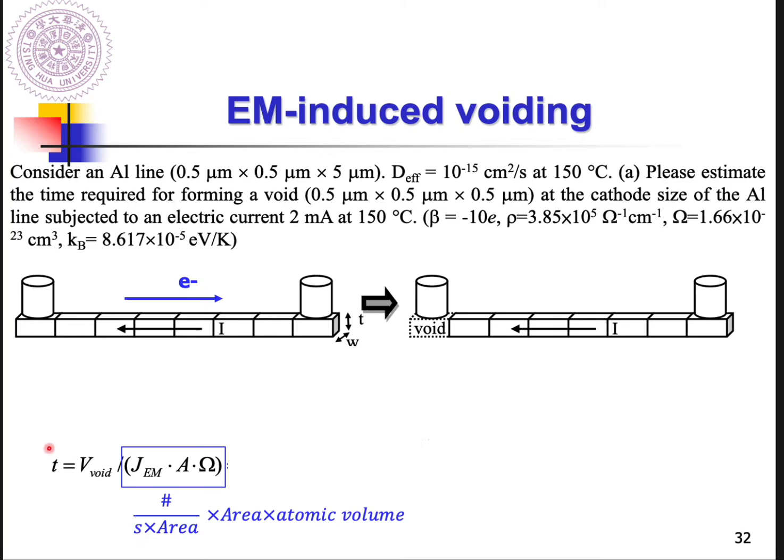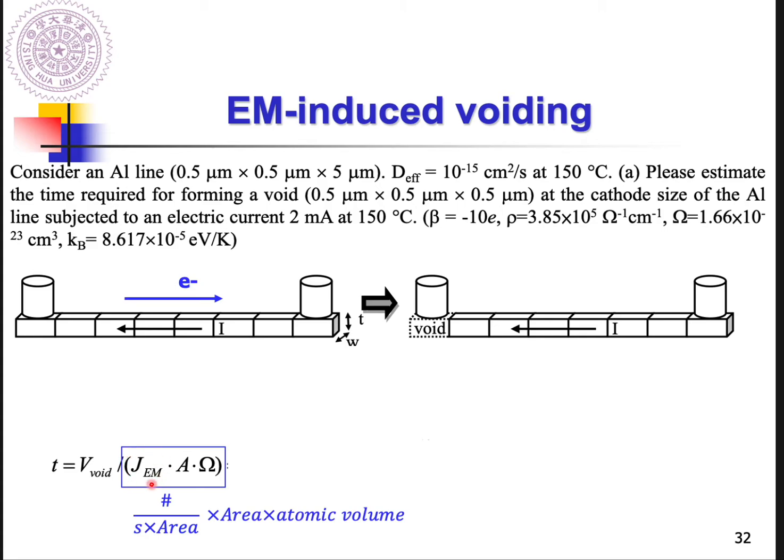Based on this, we use the total volume of the void divided by this term, then we can get how much time we need to form this void. So the vacancy flux will be the key point here. And this area is this area, right? And omega is atomic volume here. So these two parameters we know.